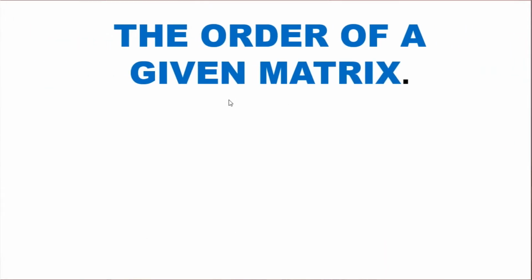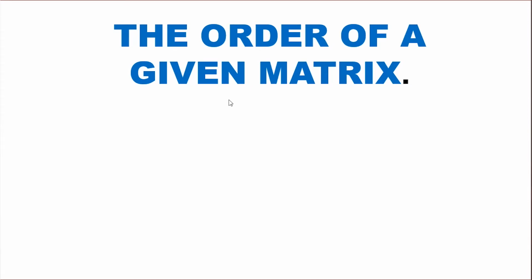The order of a given matrix. This is another important aspect we need to learn because of multiplication of matrices. If you don't know the order of a given matrix, multiplying becomes a problem. Now let us see how we can determine the order of a given matrix.